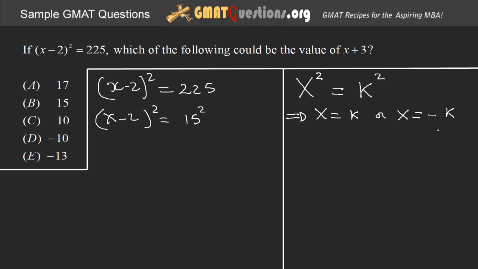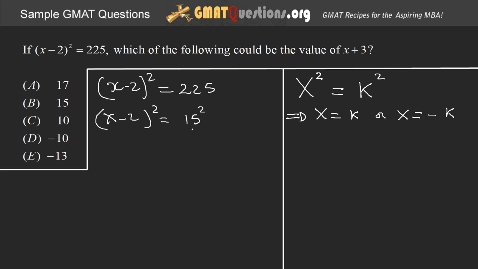Many people do forget the case in which x is equal to negative k. It's important to know that we have two different solutions here. It's like when you have x squared equal 4, the square of 2 is equal to 4, but also the square of negative 2 is equal to 4.